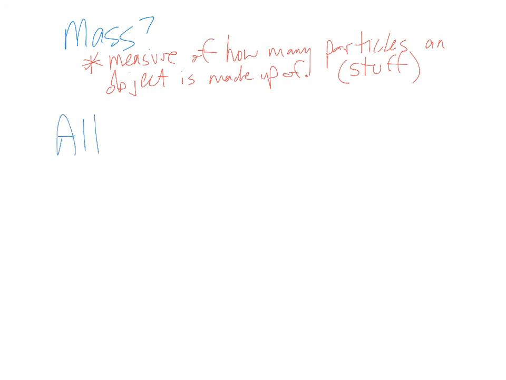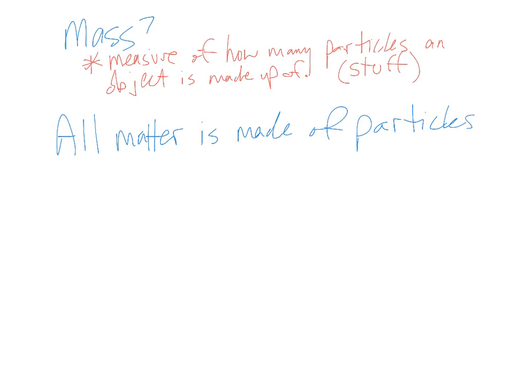So all matter is made of particles. All right? Everything that is matter is made of particles. And therefore, all matter, since it's made of particles, all matter then has mass.